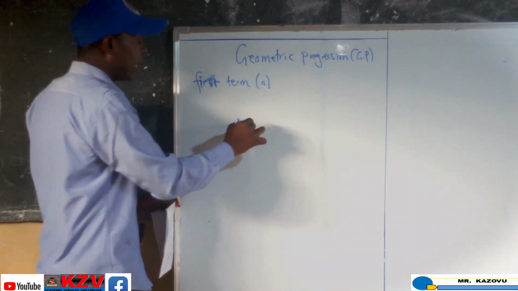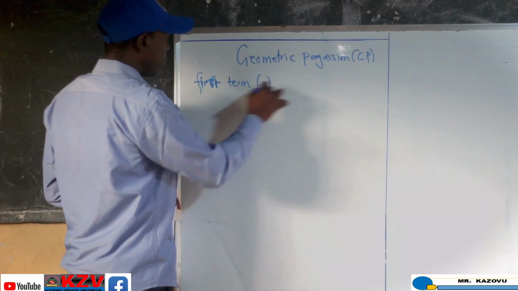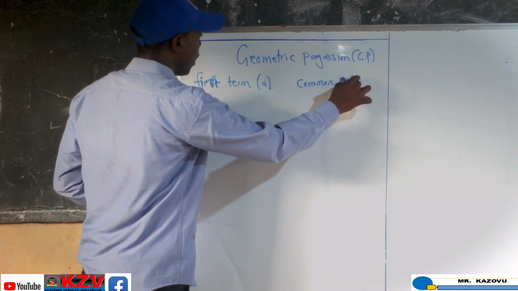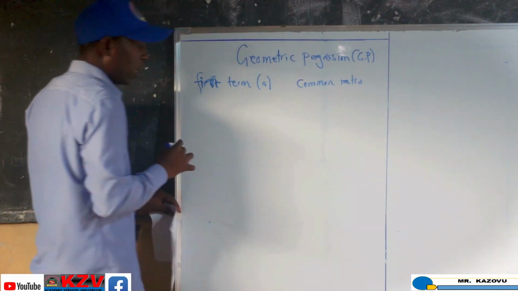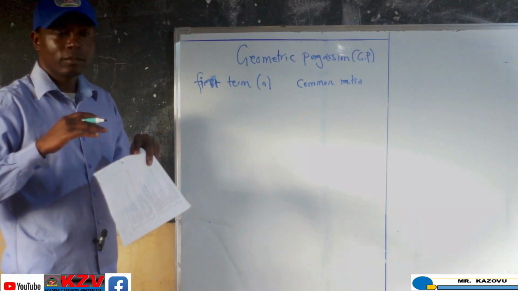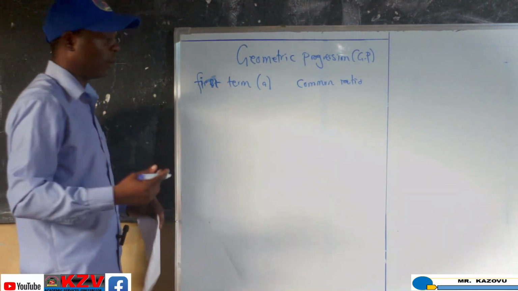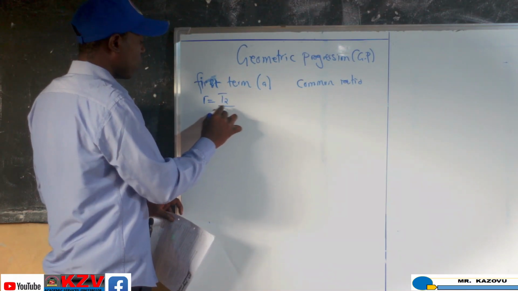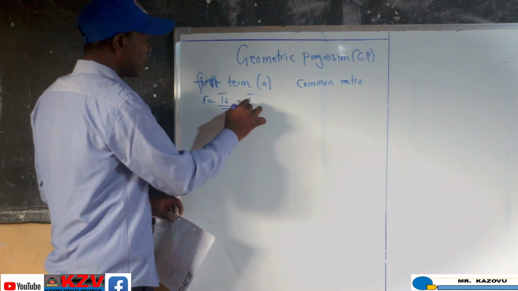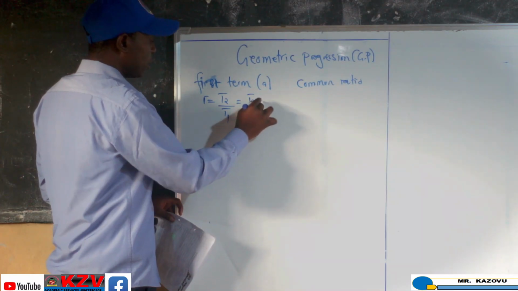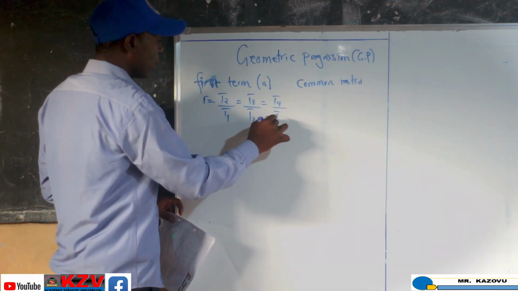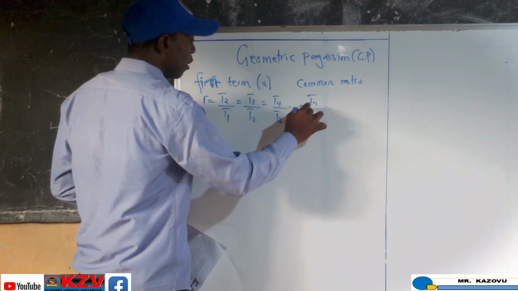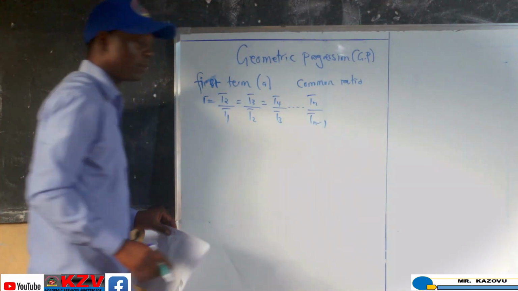The first term is denoted by A, and then we also have a common ratio, denoted by R. Now, if you want to find the common ratio, you say common ratio is equal to T2 over T1, which is equal to T3 over T2, which is equal to T4 over T3, and so on and so forth. Or we can say Tn over Tn minus 1.